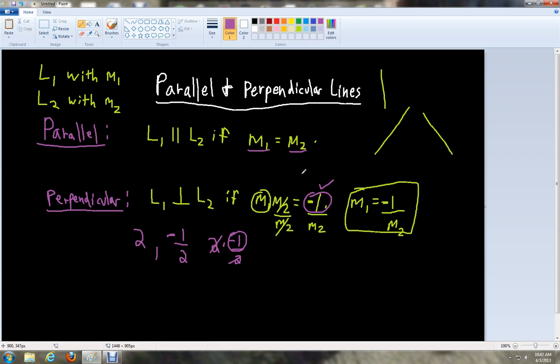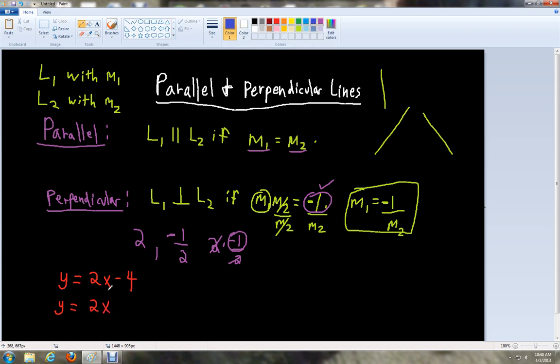Okay, so let's take a look at an example of a couple lines, and let's determine if they're parallel or perpendicular. So if you have, let's say, y equals 2x minus 4 and y equals 2x, or just 2x.